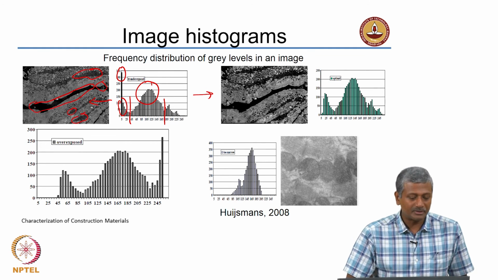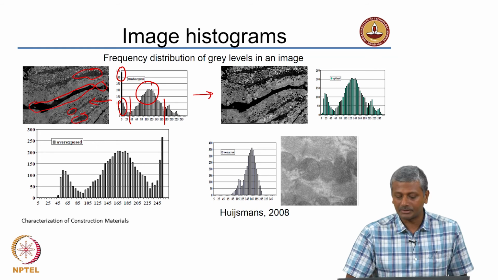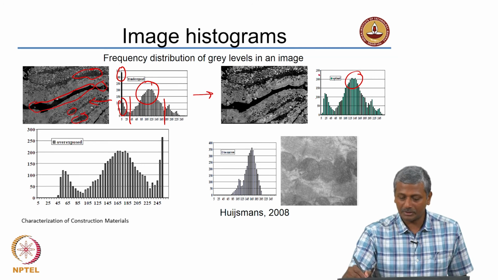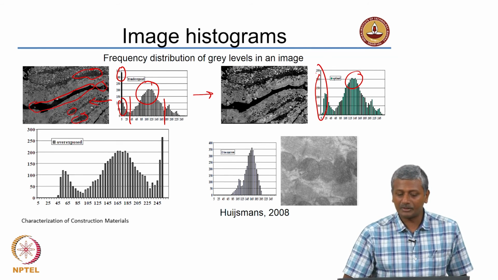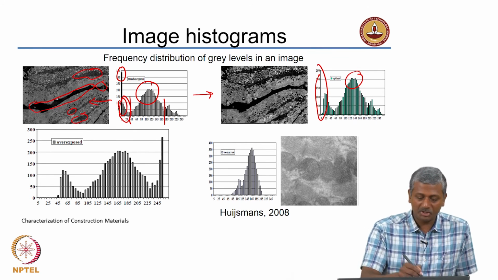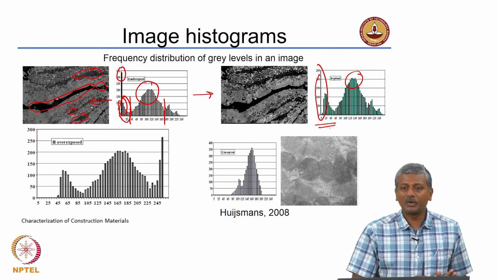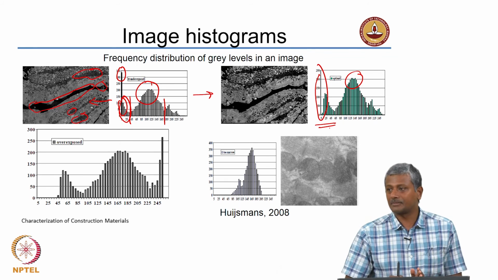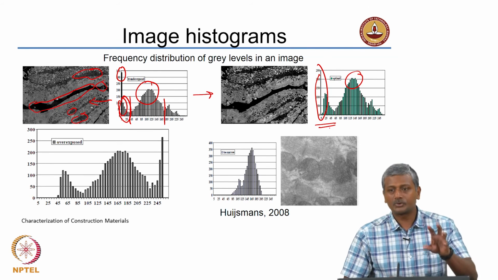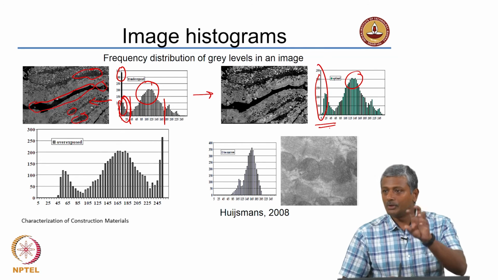What do you think has happened to the left side image on the right? Here a lot of the black has been eliminated. What has essentially been done is that your points have been shifted to the right. You see here that we are adding some gray level to each spot, a fixed value to each spot.